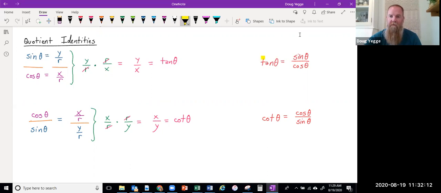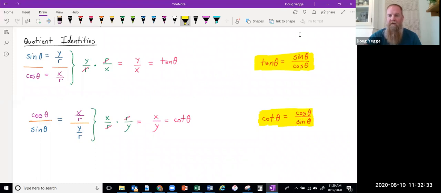Now that we've got all of our reciprocal identities, Pythagorean identities, and quotient identities, it's always a good idea to make sure that in order to memorize these and know these and be able to understand why these work, create flashcards so that you can make sure that when these show up, you recognize them a lot more quickly.